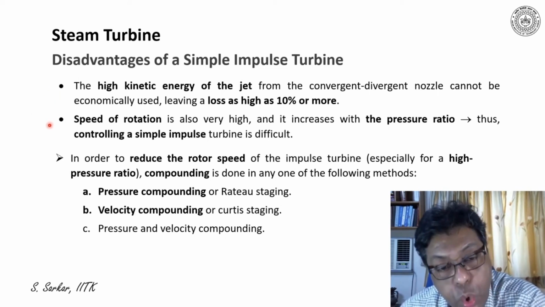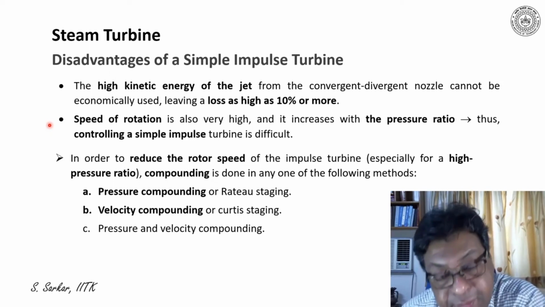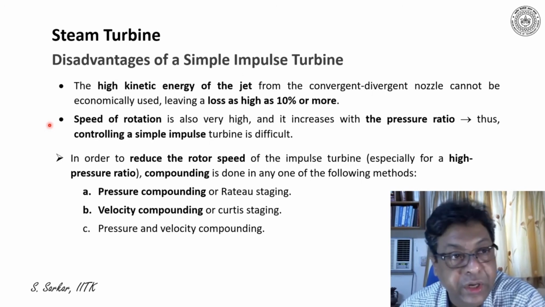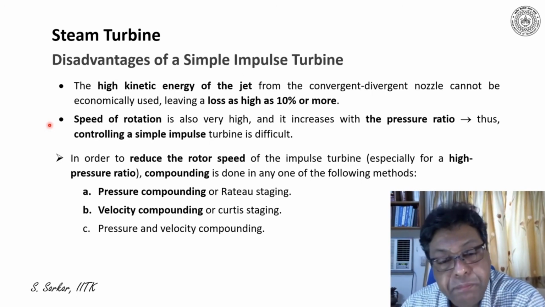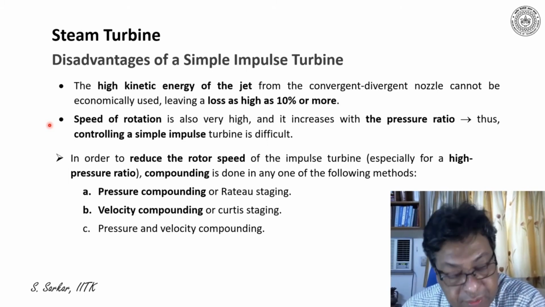Further, the rotational speed is also very high, and it increases with the pressure ratio. Thus, controlling a simple impulse turbine is difficult.